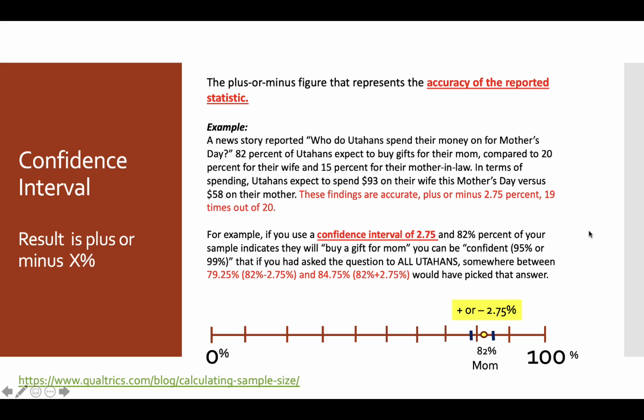So for example, if you use a confidence interval of 2.75 and 82% of your sample indicates they buy a gift for mom, you can be 95% confident that, if you're using a 95 or 99, for all the people in Utah, the answer falls somewhere between 82% and 84.7%.